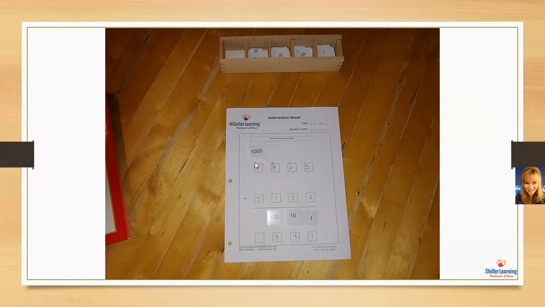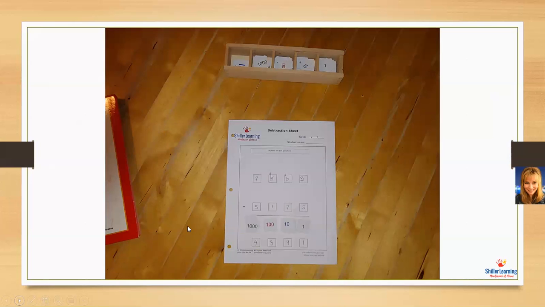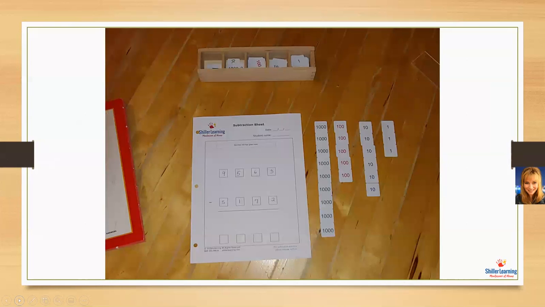We're going to take 5 of them away, which means we're going to be left with 4 of the 1,000 tiles. So you can see how this is bringing the student so much closer to what they're going to be doing with these operations, just using pencil and paper, doing them in the abstract.